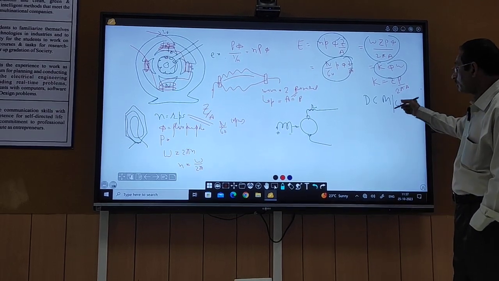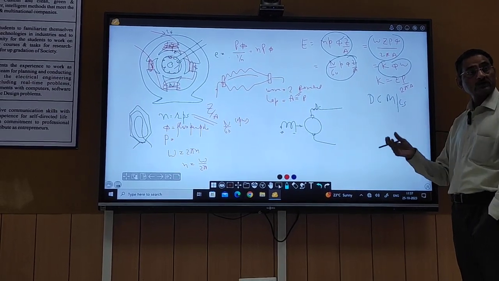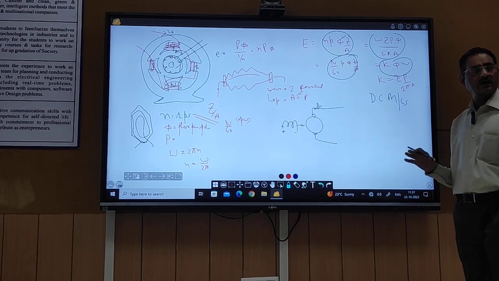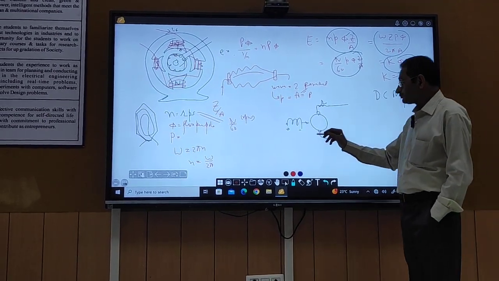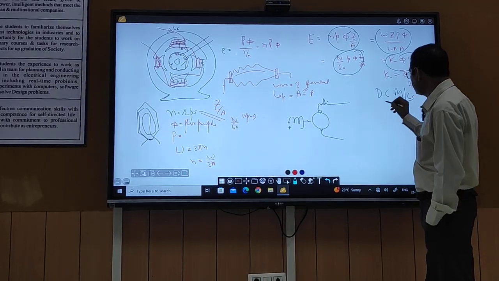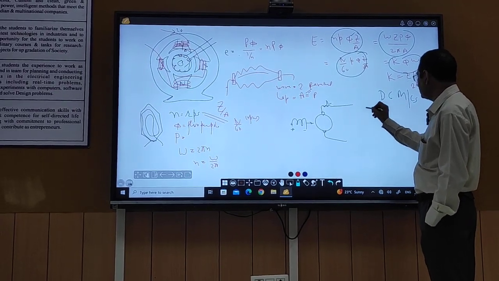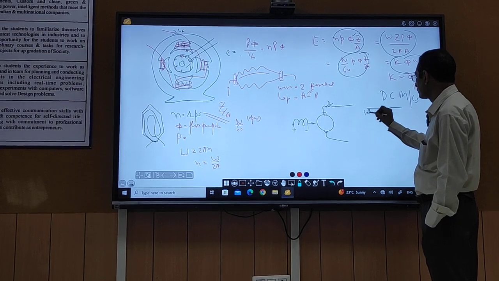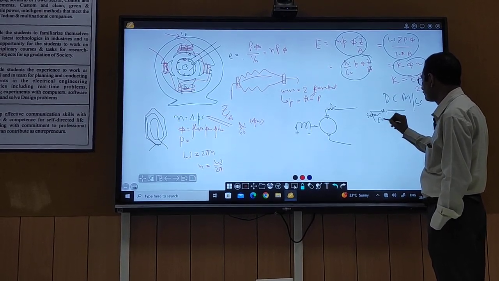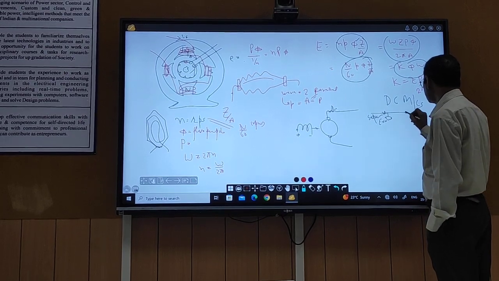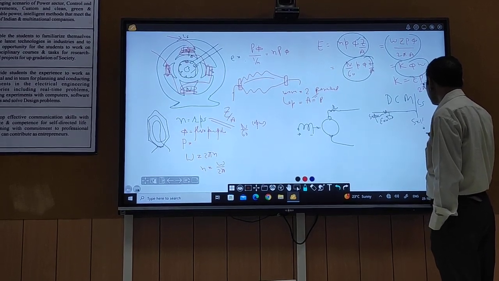But here we call it a DC machine because, as I told, the structure will be the same, either it is a motor or generator. So a DC machine can be separately excited, or another is the self-excited.